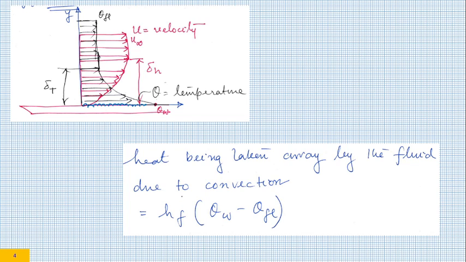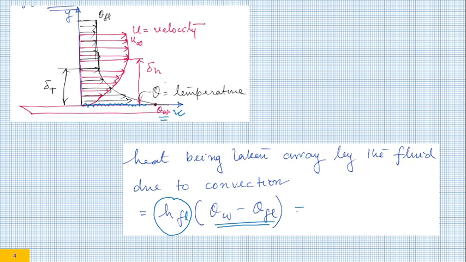So convection is a macro scale heat transfer process. It is not a micro scale. And for a macro scale heat transfer process, how much heat is being convected away from the hot plate can be estimated as the convective heat transfer coefficient HF or HFL into the temperature difference. How much is the temperature difference? Hot plate temperature is theta W and the fluid temperature is theta FL.